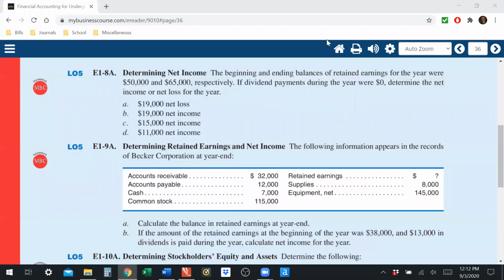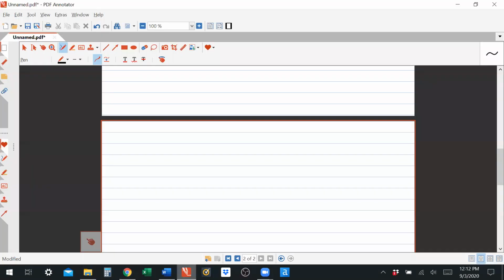You're right, Bradford, the answer is 15,000. But what equation do we need to use? You guys are right, the answer is C. We need to use the retained earnings equation, right?